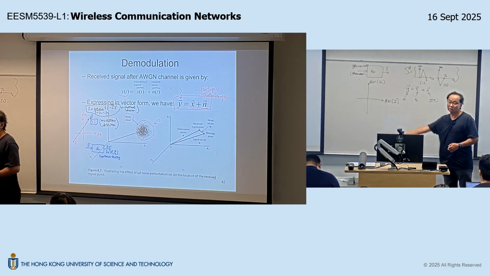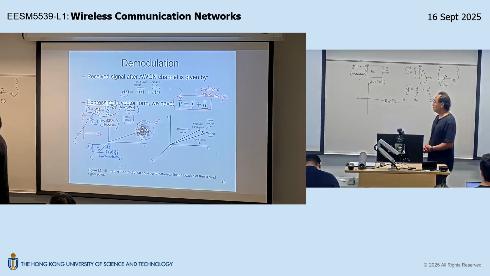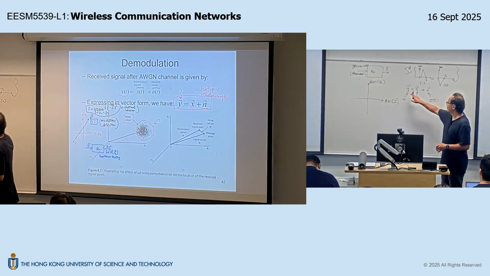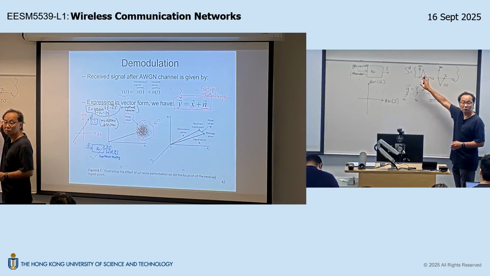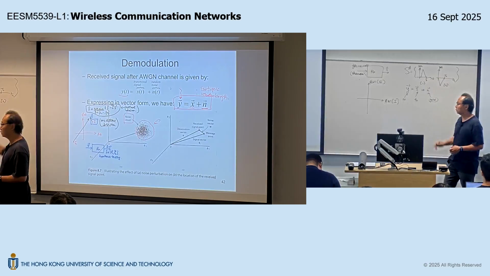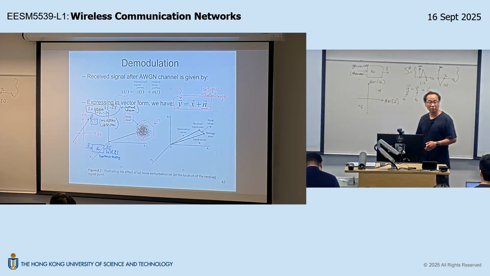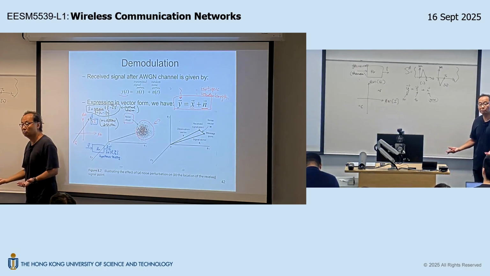Now, if there is no noise, the transmitter can only transmit two possible points. So let's say this is S1 and this is S2. There are only two possible members in my signal set.